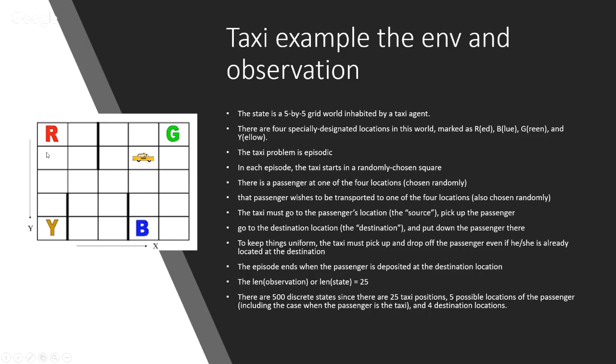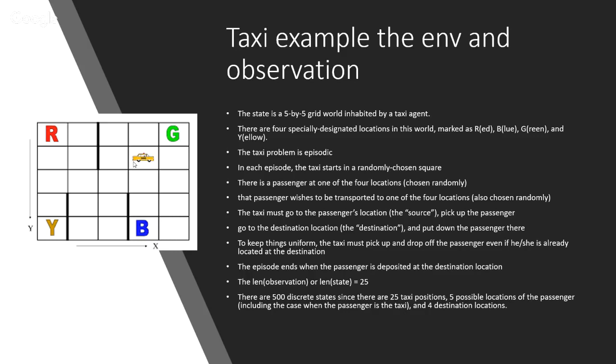Now, the taxi basically is that little symbol there, of course, and on the start of each episode, the taxi starts in a randomly chosen square. This makes it a bit more interesting because if it was in the same place every time, the challenge probably wouldn't be that difficult and we'd probably learn it quite quickly. But the fact that it's random makes it a bit more like real life.